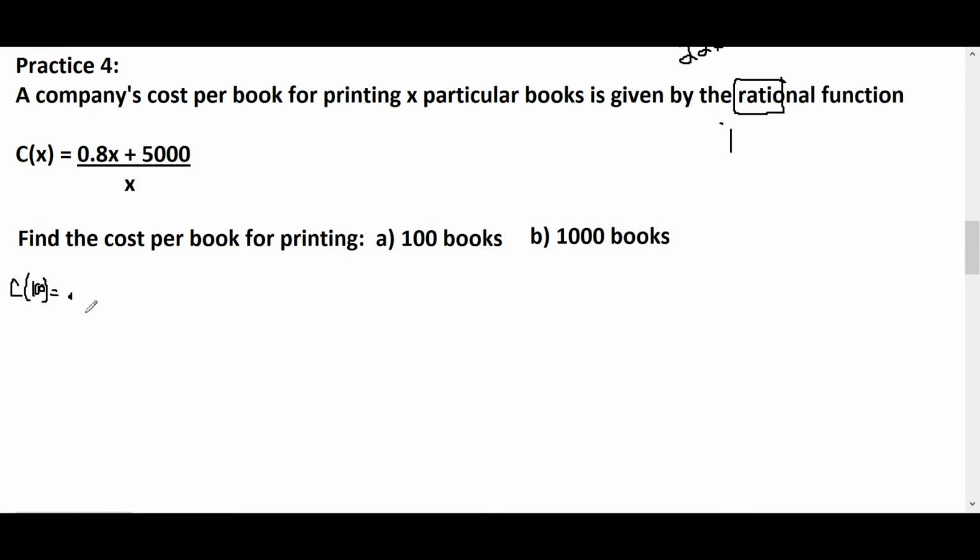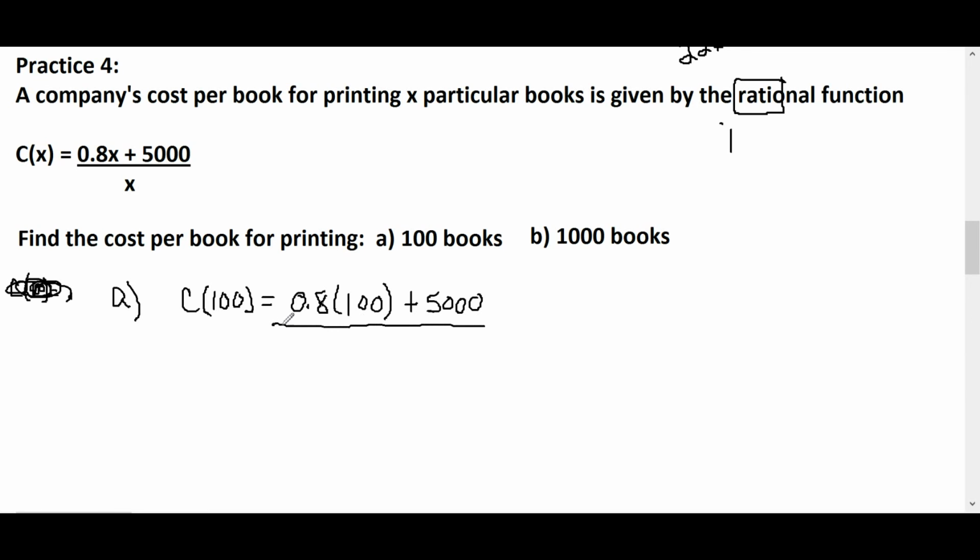That equals 0.8 times 100 plus 5,000, and all that's divided by 100.